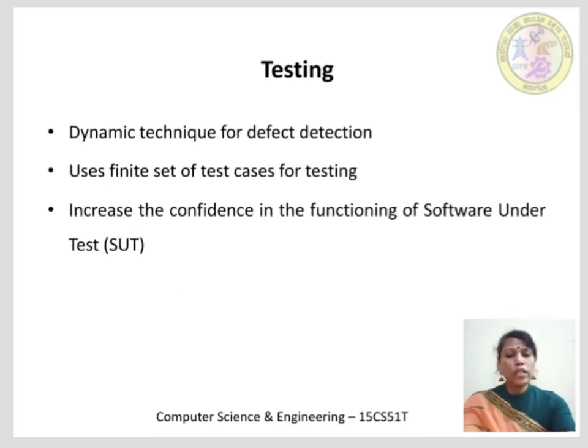In a software development project, errors can be introduced at any stage during development. To ensure quality of the final delivered software, these defects have to be removed. There are two types of approaches for identifying defects in the software: static and dynamic.